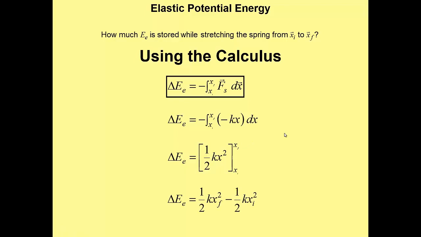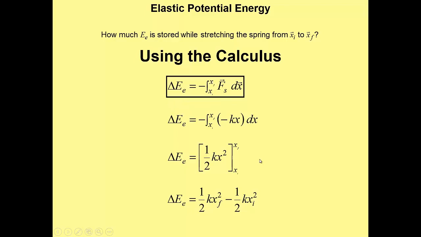So why do I do this? Well, I do this, A, to show you that the calculus works, but B, I also want you to understand the fundamental theorem of calculus here. That you understand where this comes from and why we do integrals evaluated from the upper limit minus the lower limit.